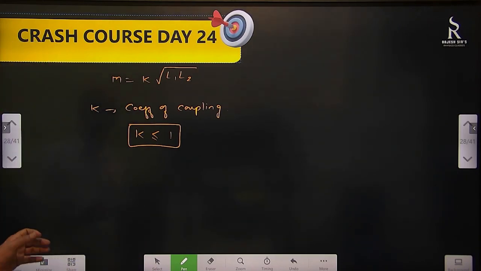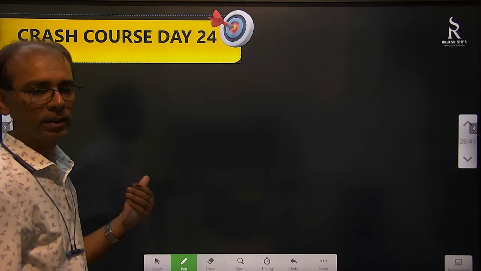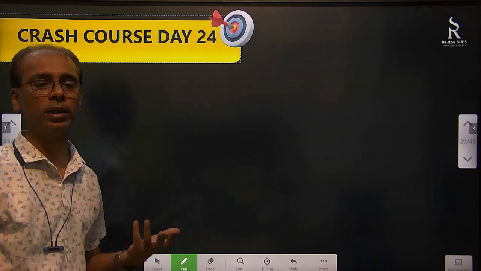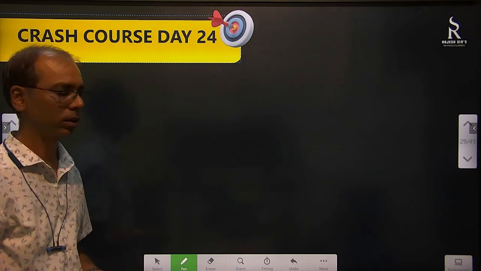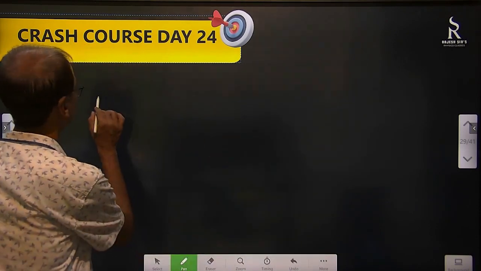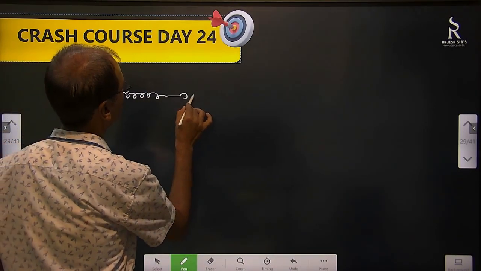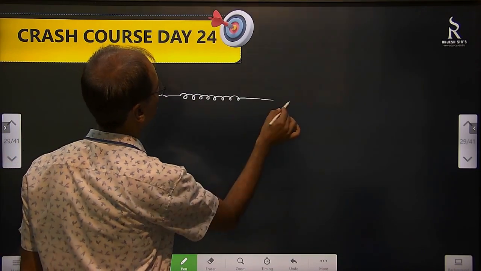Then sometimes you connect the inductors in such a way that mutual inductance is also taken into account. Like we connected in a series connection. These two are close to each other.